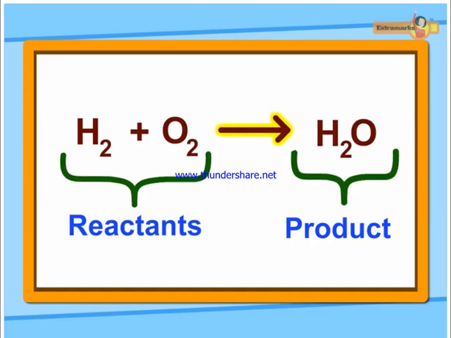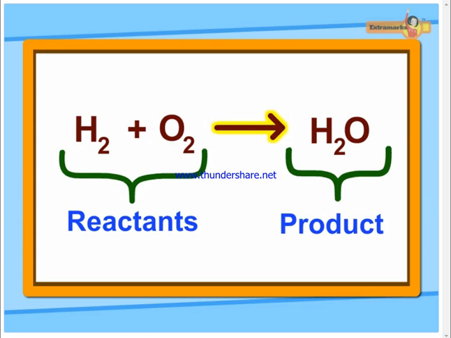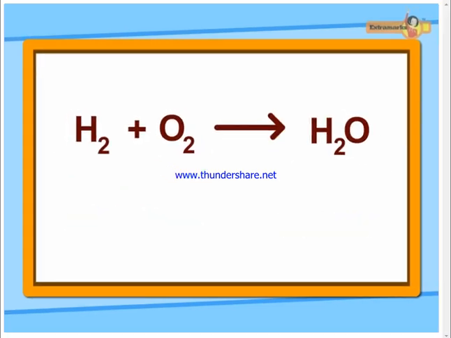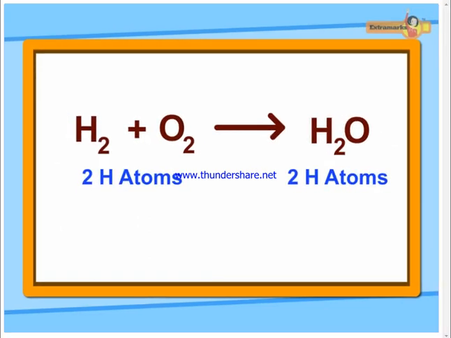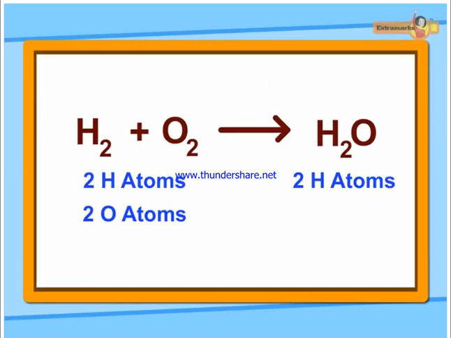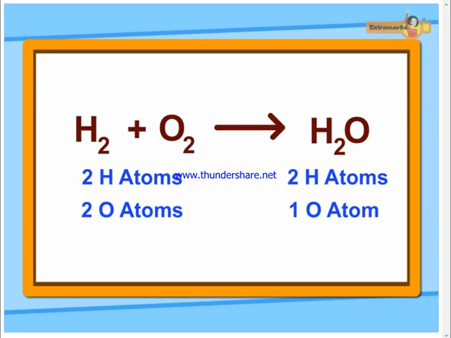Let us count the number of atoms of oxygen and hydrogen on both the sides of the equation. The number of atoms of hydrogen is 2 on the reactant side and 2 on the product side. Similarly, the number of atoms of oxygen is 2 on the reactant side and 1 on the product side.